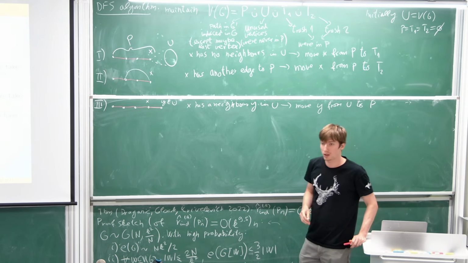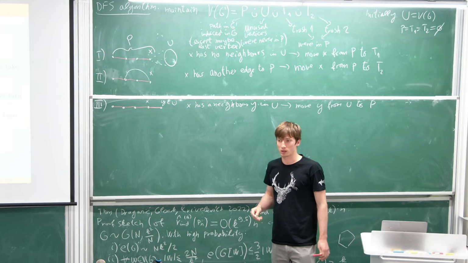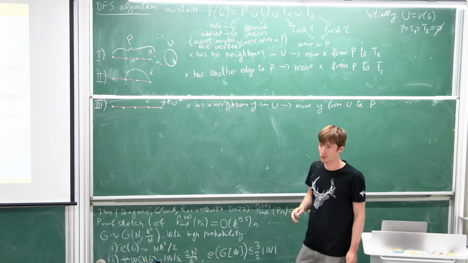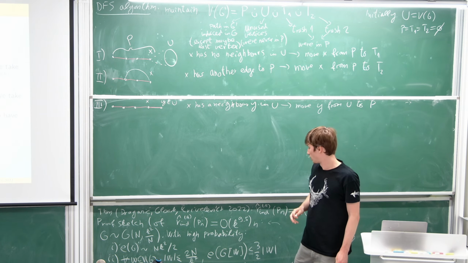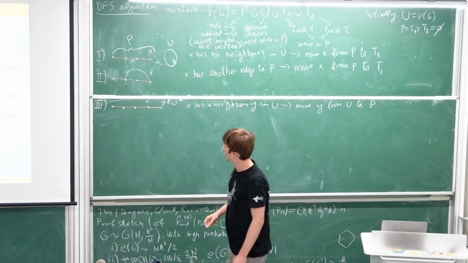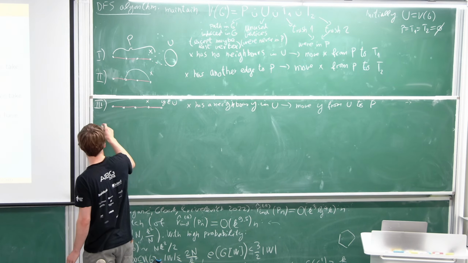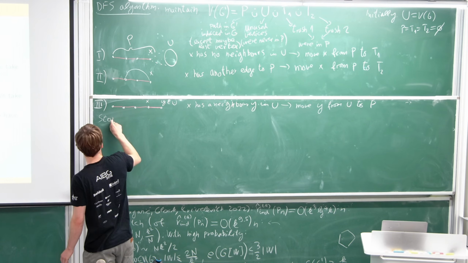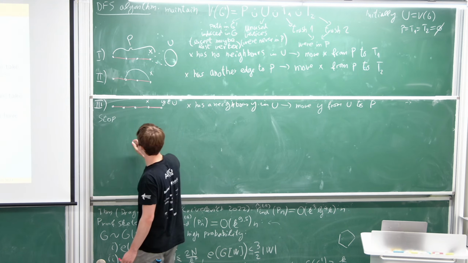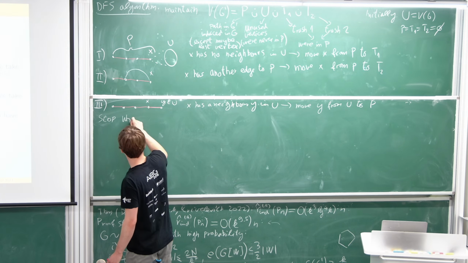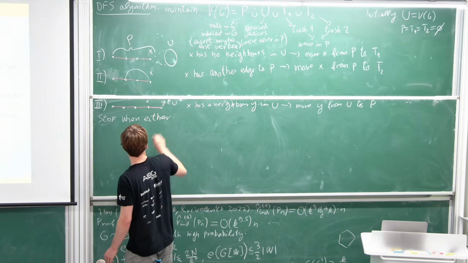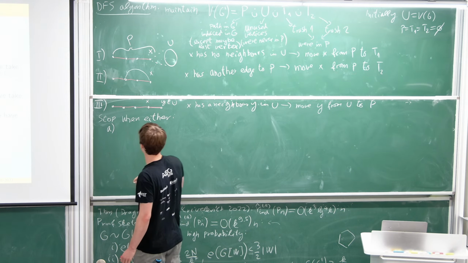Now we want to show that this algorithm should at some point have a path which is long, of length at least n over k to the 7.5. Okay. So what we do is we freeze the algorithm at some point because we want to obtain a contradiction. So we stop when one of the following two things happens.